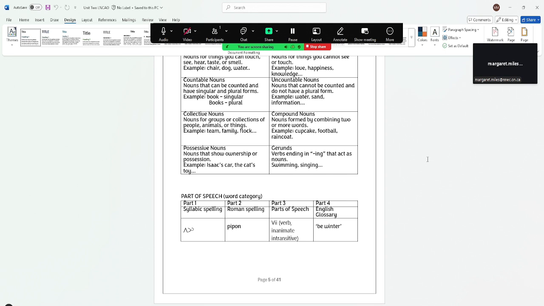For instance, askick, pail, asini, rock, amekwan, spoon. And inanimate is non-living things. And we went through some examples.